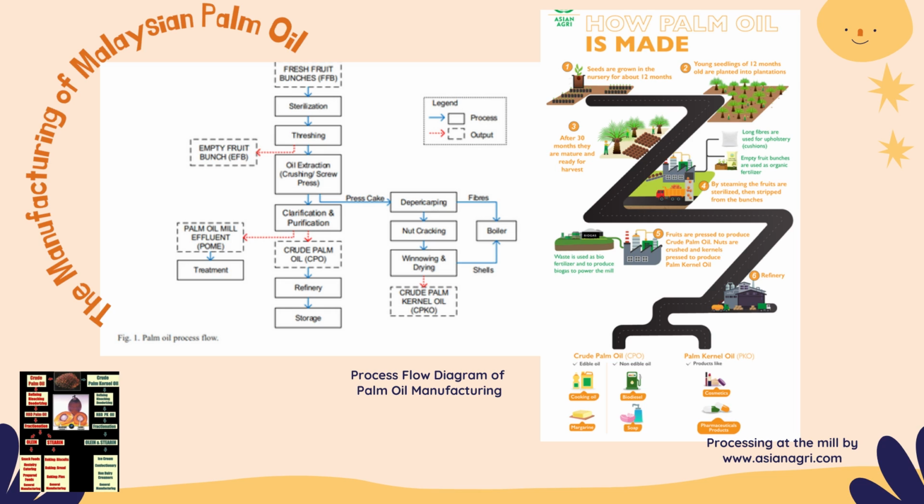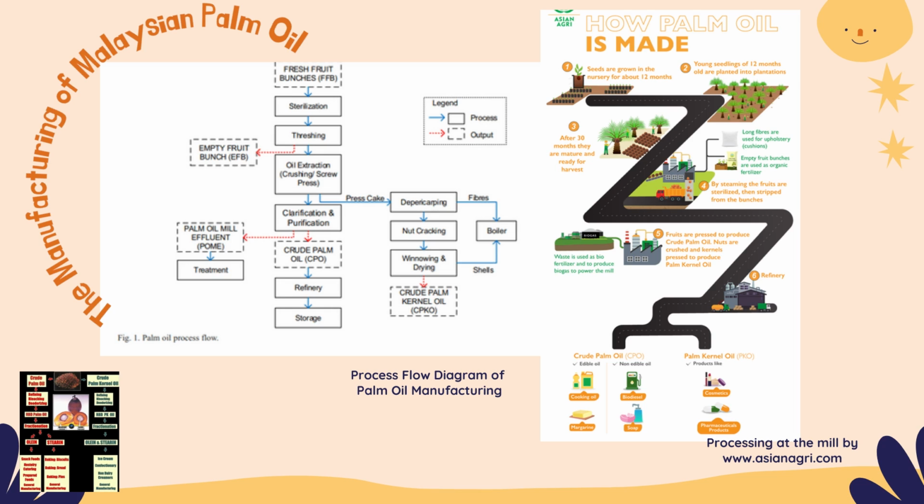The harvested FFB are transported in trucks from the plantations to the mills, where they are sterilized using steam. This prepares the FFB for stripping, which removes the palm fruit from the bunch and also deactivates any enzymes which may cause the FFB to deteriorate in quality.